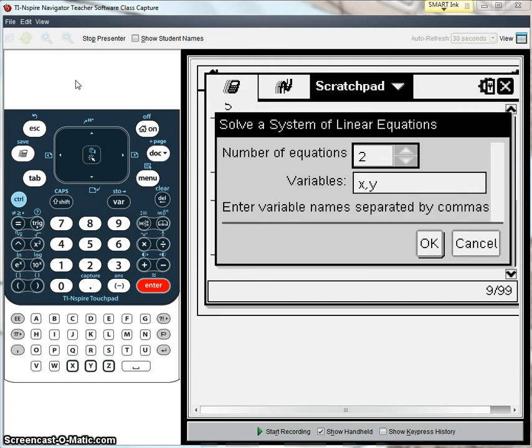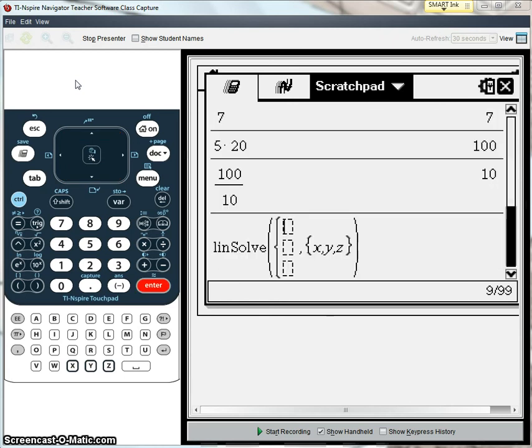Now it gives us the option of putting in a number of equations. Well, in this case, we have 3 equations. I think you can just hit Enter here, and it will give you our x, y, and z. These are our variables we're going to use. Now in each of these 3 boxes, we want to put in our different equations.